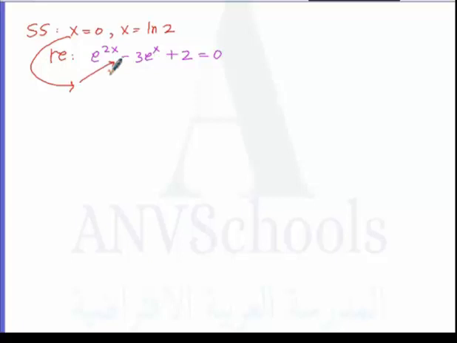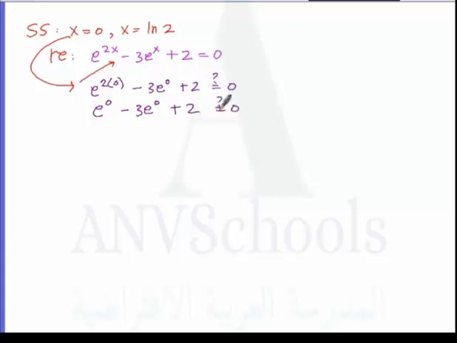So let us say e raised to 2 times 0, minus 3e raised to 0 plus 2, is it equal to 0? That's a question. So e raised to 2 times 0 is just e raised to 0, am I correct? Minus 3e raised to 0 plus 2, is it equal to 0?